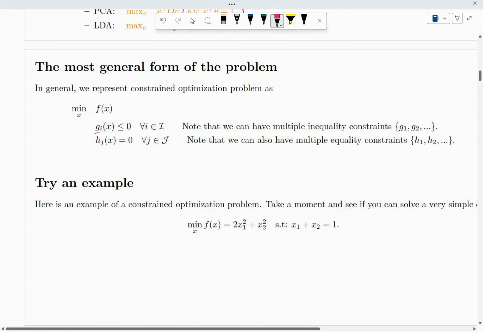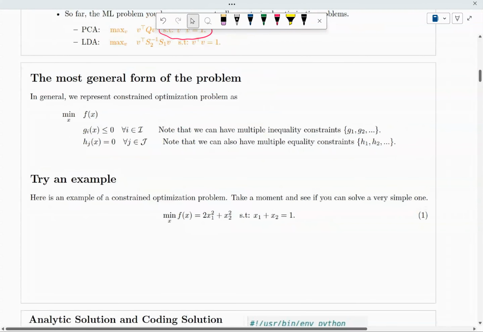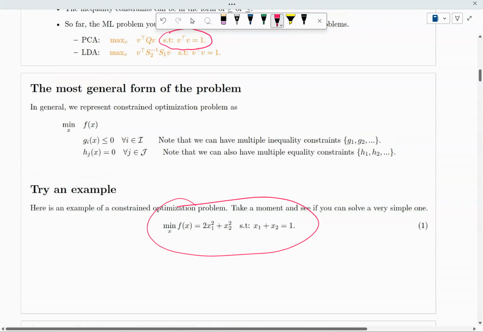And then H is the equality constraint. Similarly, you can have multiple: H1, H2, H3. You can have multiple equality and multiple inequality constraints. So at this point, give it a try. Obviously, I haven't taught you how to solve them, but take a moment and see if you can figure out ways in which you can solve this.